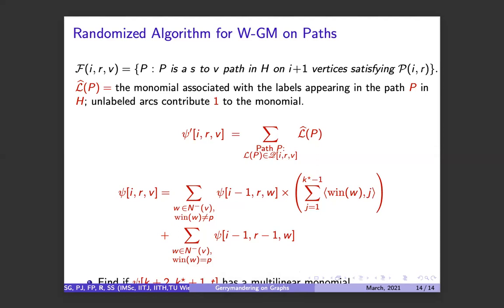I'm not sure, but there are some studies on detecting manipulation, like detecting gerrymandering. They might have studied this, though I'm not exactly aware of what they do to detect gerrymandering.